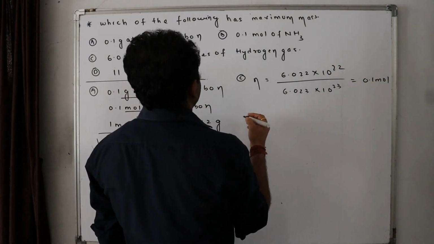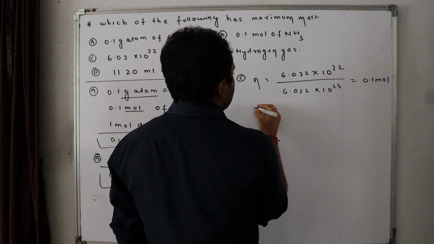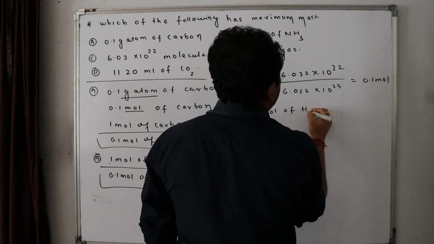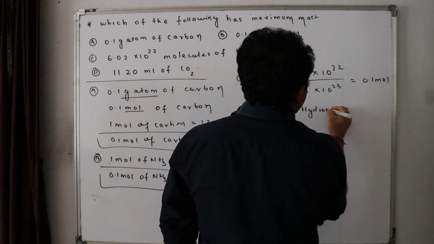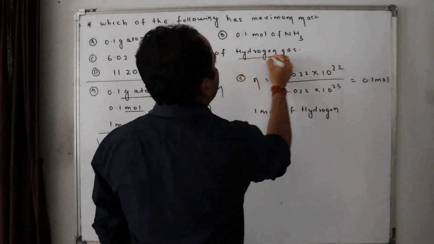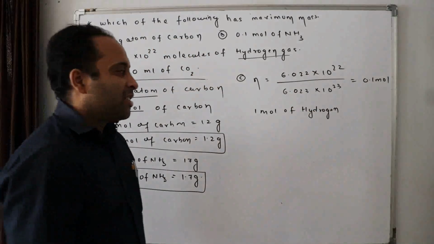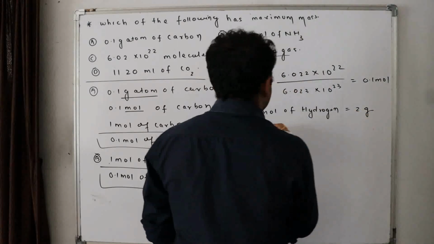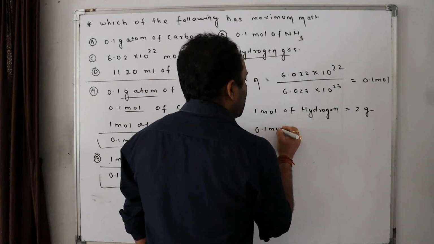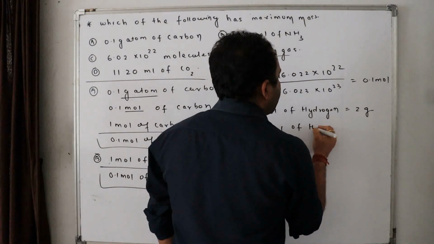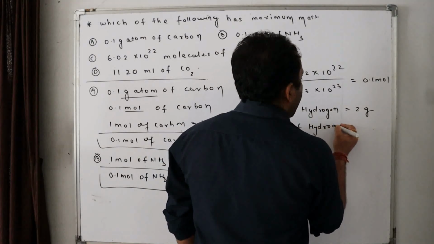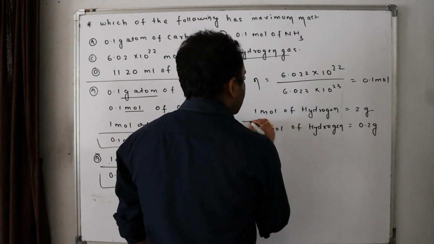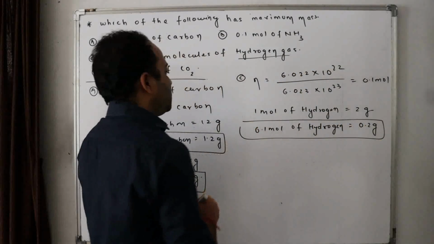Now tell me, when nothing is given in formulas or molecules, hydrogen exists as H2, isn't it? So what is the molar mass? Hydrogen is equal to 2 grams. 0.1 mole of hydrogen will be 0.2 grams. This is the third option's answer.